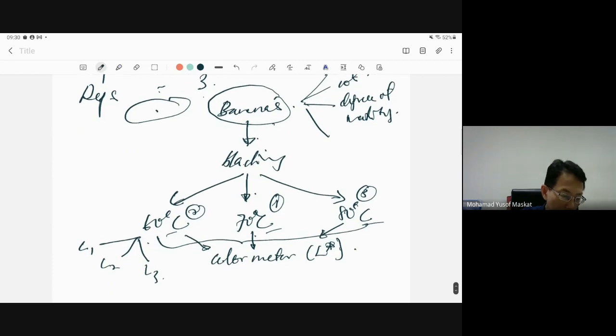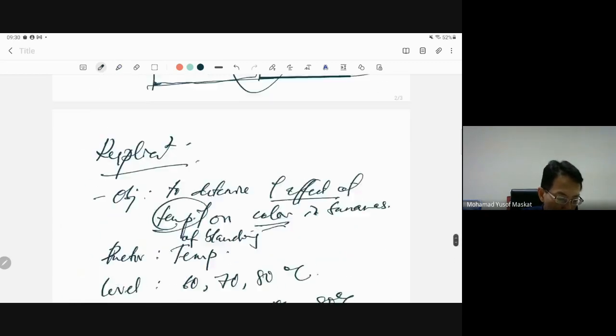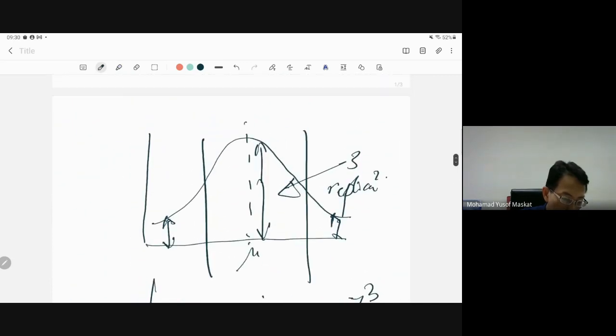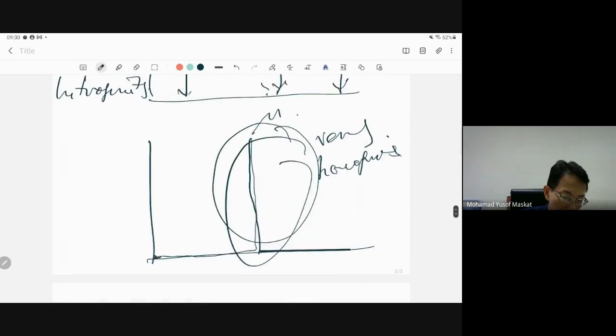This is called subsampling. Replication means that we take 3 individuals.